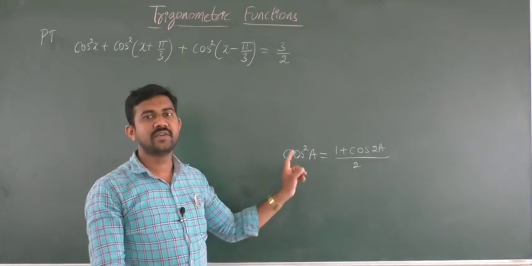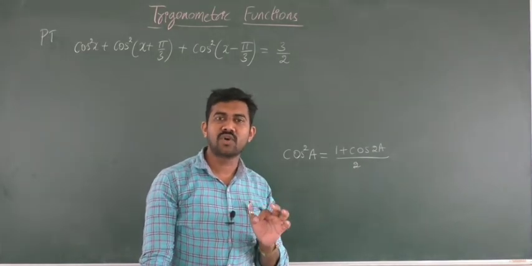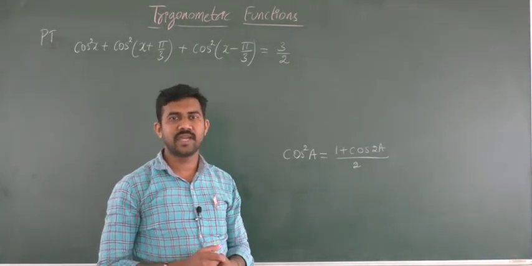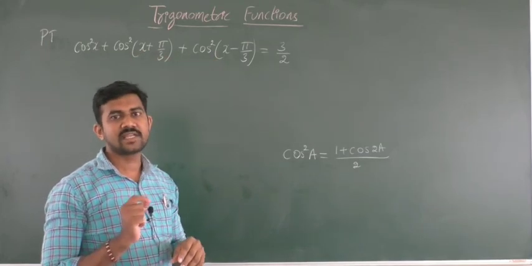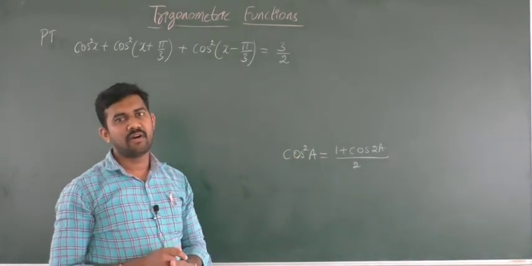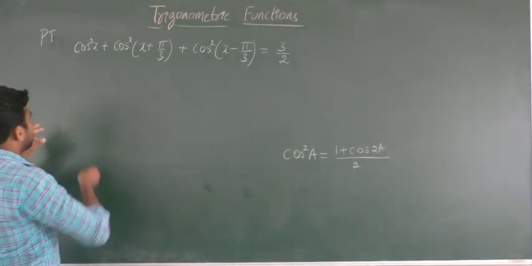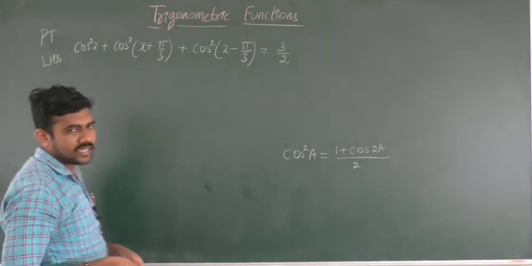So here I'll use cos square a is equal to 1 plus cos 2a divided by 2. Means here all angles, in each case I'll consider as a only, then I'll apply the formula. Now the left hand side of the given equation I considered.